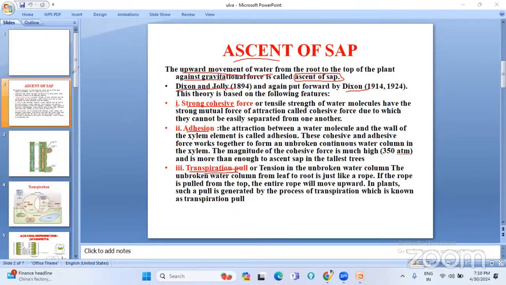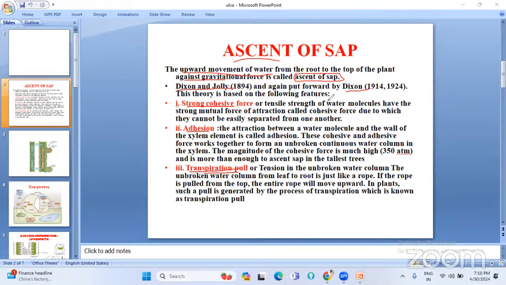According to this theory, water movement happens mainly with the help of the cohesion force, adhesion force and transpiration force. First, what is cohesive force? The force of attraction due to which molecules cannot easily be separated from each other.